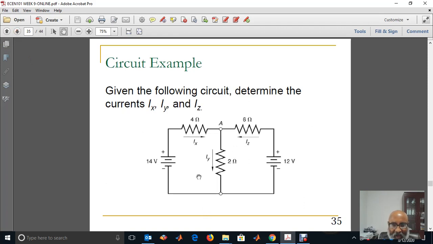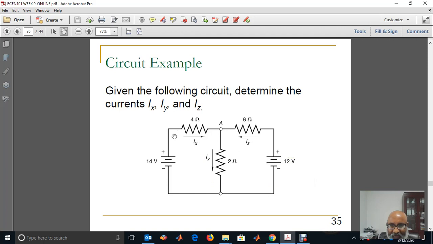Now let's have another example, and let's determine the currents Ix, Iy, and Iz for this circuit. For this circuit, we have a 14 volt source and a 12 volt source. To solve this problem, we need to use both Kirchhoff's current law and Kirchhoff's voltage law. For Kirchhoff's current law, we have the relation between Ix, Iy, and Iz.